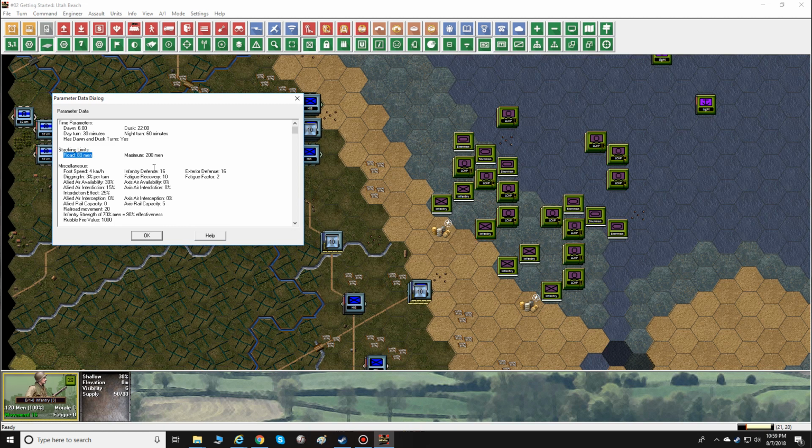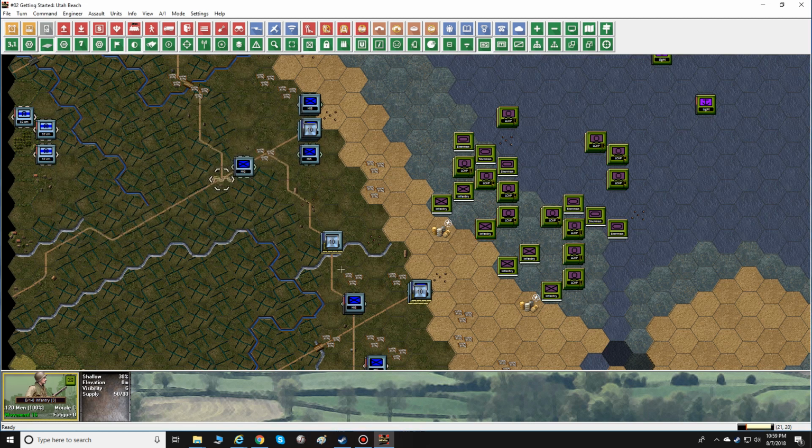Anything over 80 men is going to cause us to take more damage when we are attacked. There's a maximum of 200 men for road hex, meaning when a unit moves along a road, it can move up to 200 men along that road without taking any penalties.